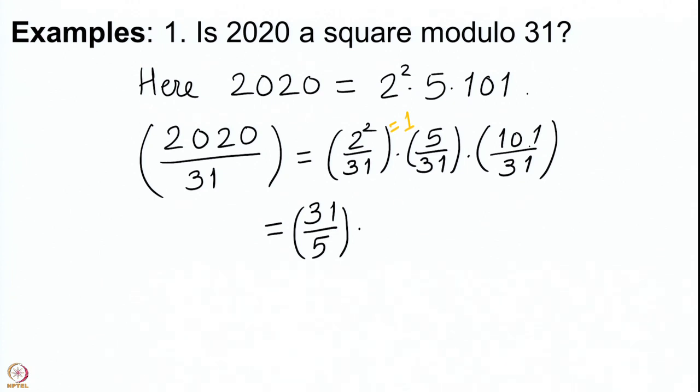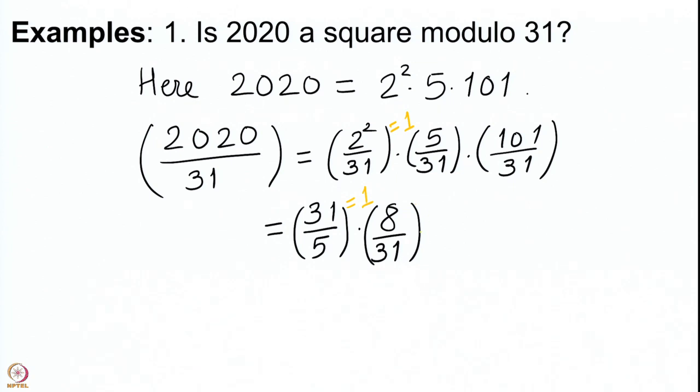So, 31 into 3 is 93. Once you take away 93 from 101, you get 8 by 31. So, our 2020 by 31, the Legendre symbol is the product of these two Legendre symbols. Further, modulo 5, 31 is a square because it is the same as 1 mod 5. So, this Legendre symbol is 1.